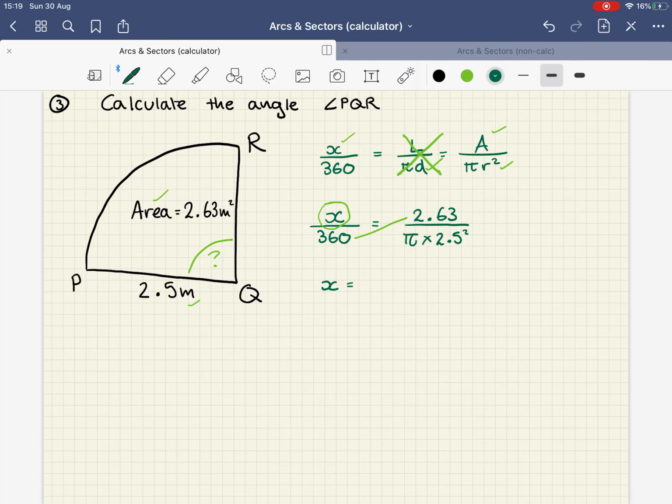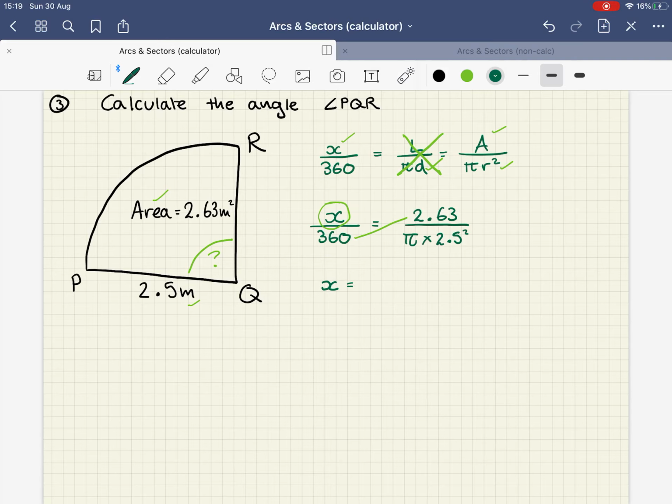And then I can just happily put that all into my calculator, to give me an answer of 48.22 degrees. And again, that is to 2 decimal places.